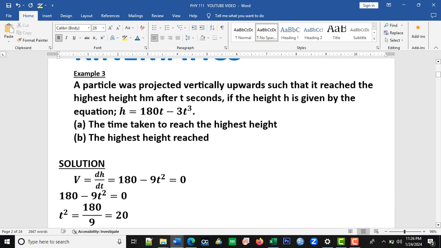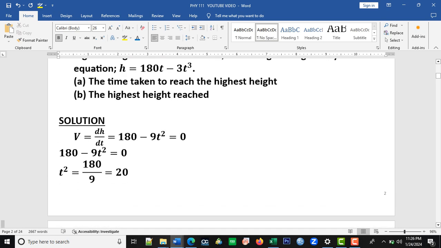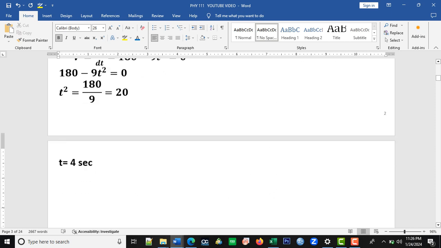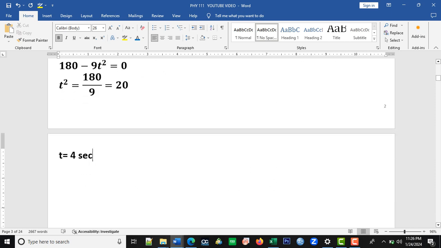Okay, let's look at the B side of the question. The highest height reached. What is the highest height reached?